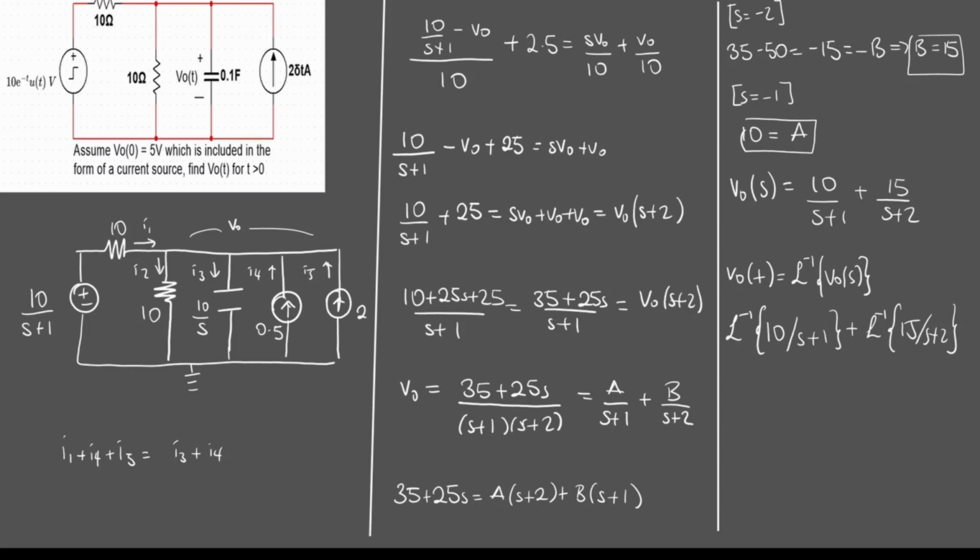So that's just e to the minus whatever this value is. Okay, so finishing, V0 as a function of time is going to equal 10e to the minus t plus 15e to the minus 2t, u of t volts.